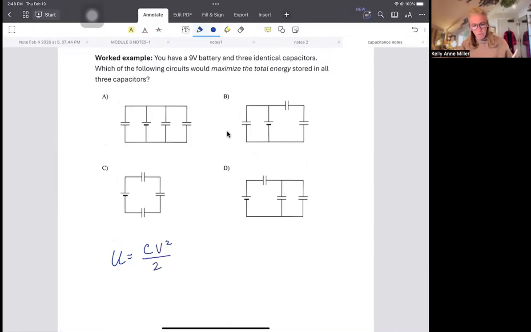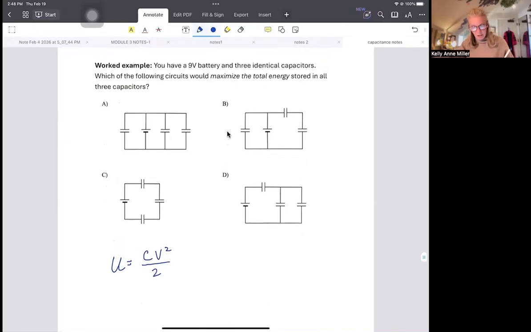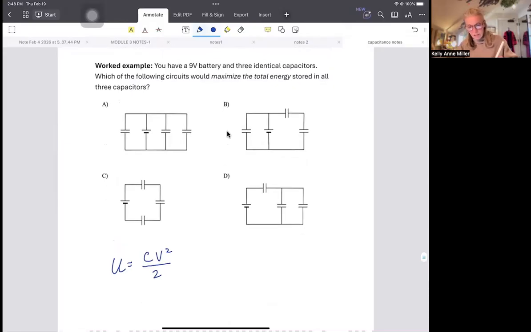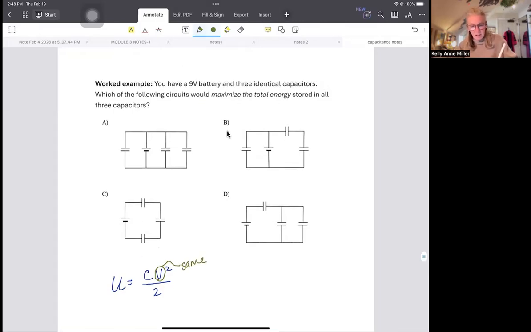And in all 4 cases, the potential difference is the same, because we're told that in all 4 configurations we have a 9-volt battery. All of these are 9-volt batteries. So the potential in all 4 circuits is the same.